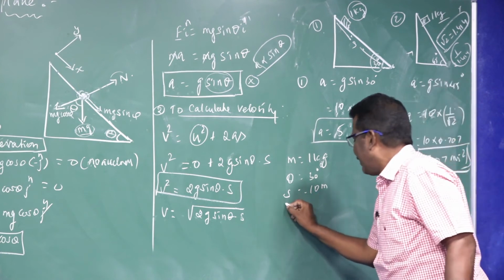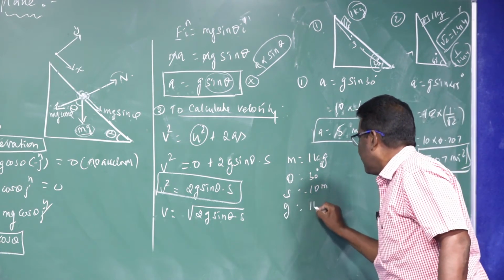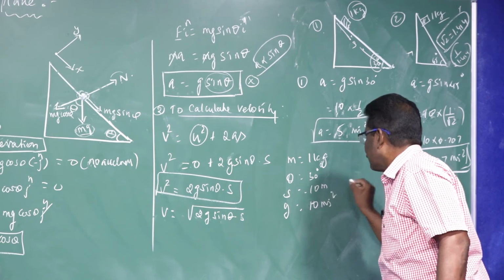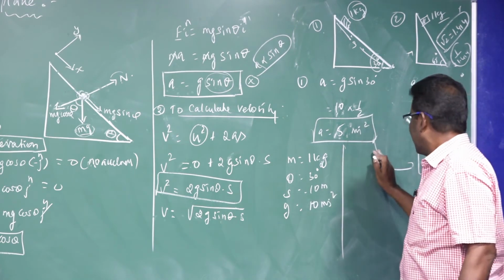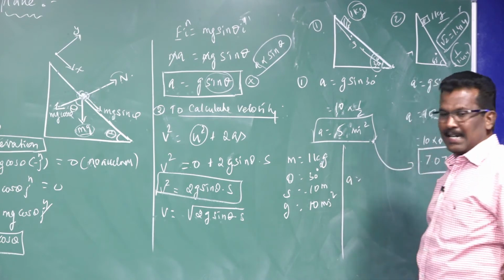Acceleration due to gravity, take g equal to 10 meter per second square. Now calculate the two things: one is acceleration, another one is velocity.